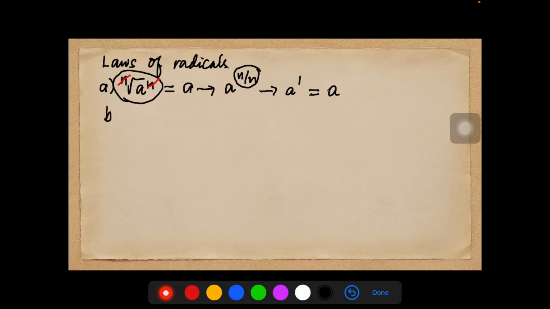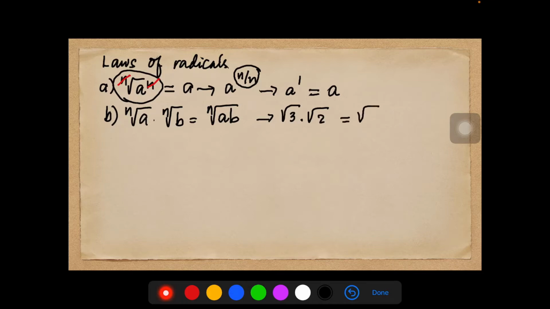For letter B, or the second law of radical, we have the nth root of a times the nth root of b is equal to the nth root of the product of ab. Very easy and very simple. Just like when we have the square root of 3 times the square root of 2, it is simply equal to the square root of 6.